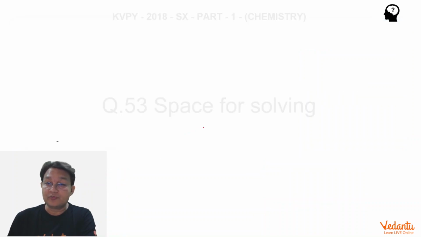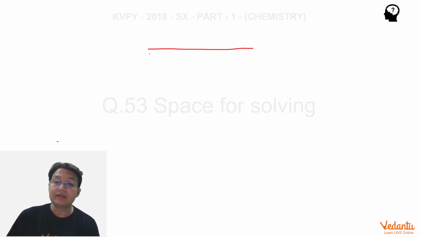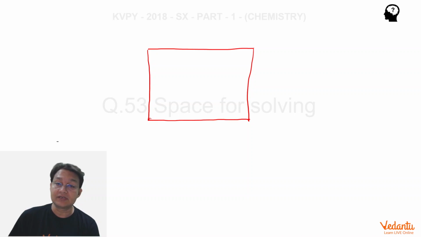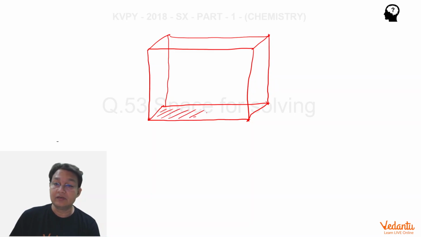According to this adsorption isotherm, if we have a closed vessel, and in this closed vessel we have a catalytic surface having some active sites.